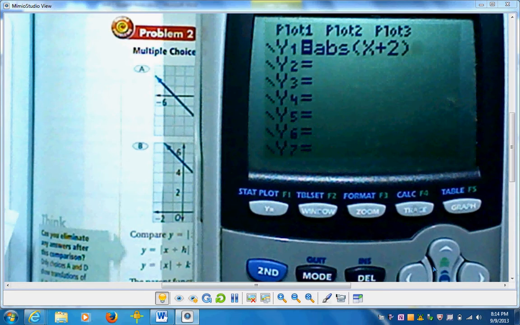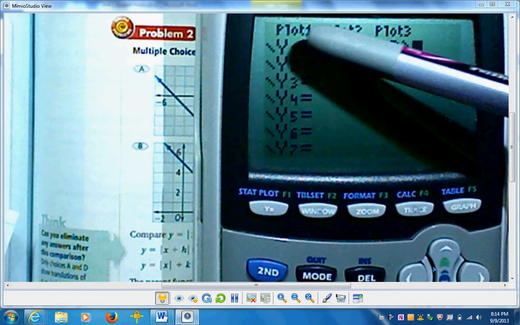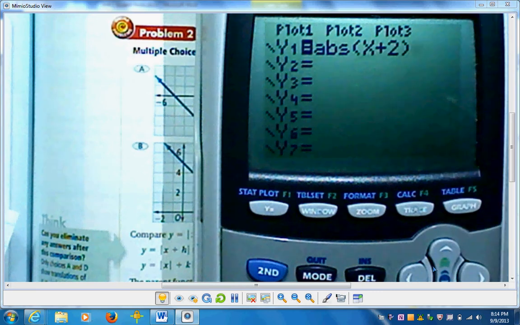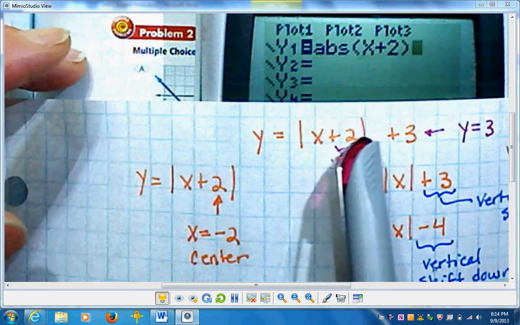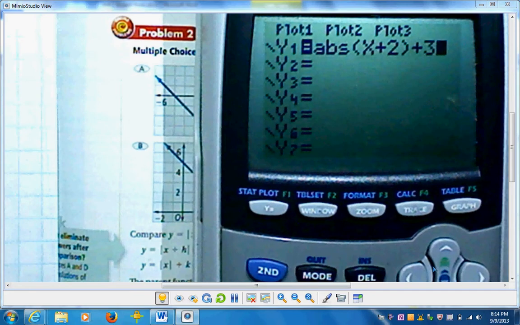Now these look like parentheses, but what it's doing is telling the calculator that this is absolute value. The calculator is just not advanced. The more advanced one would have straight up and down lines. I can show you that on another calculator in a later example. So this is the absolute value of x plus 2, and then we need to add 3. So I'm going to put plus 3.